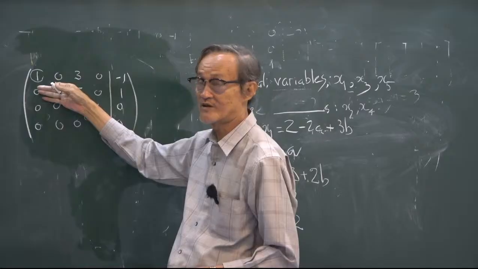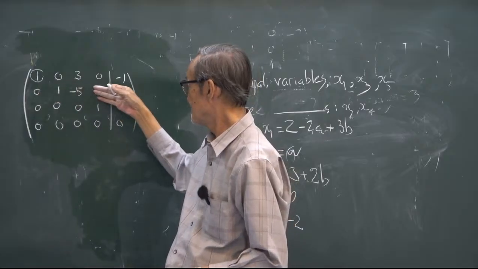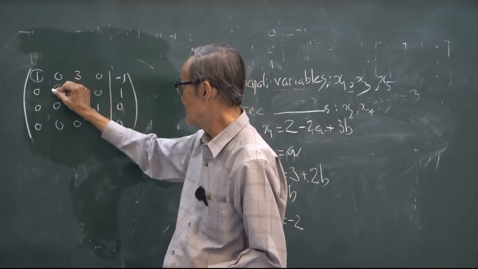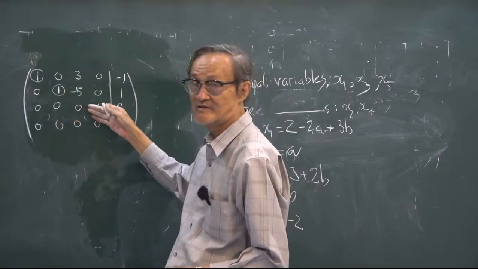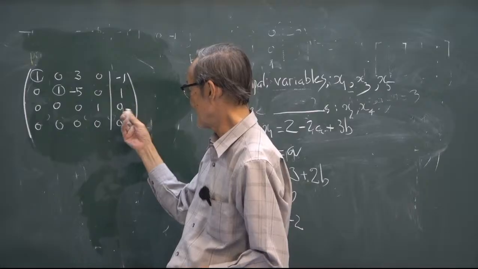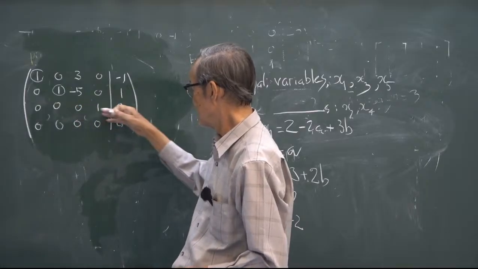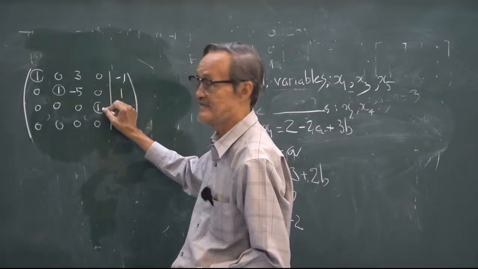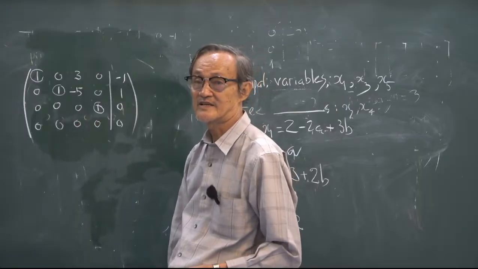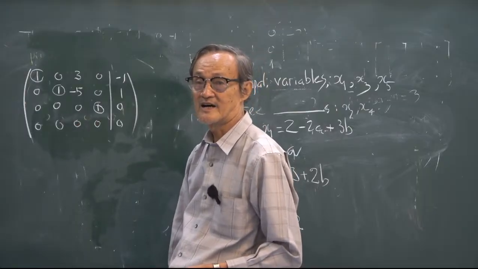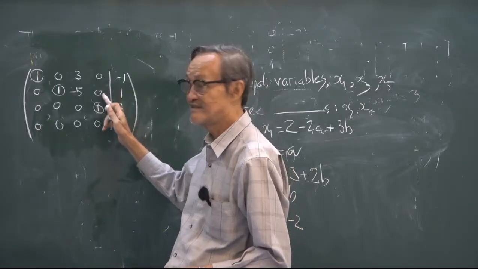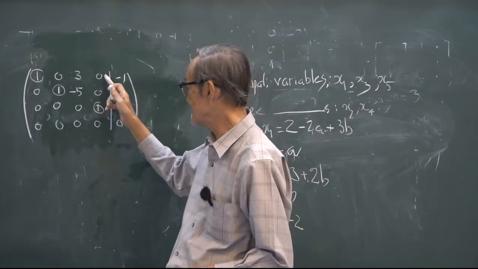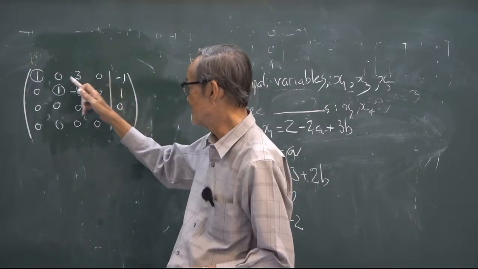The first non-zero from the left of row 2 is here. The first non-zero from left to right of row 3 is here. The pivots are 1, and above in each column, 0, 0.